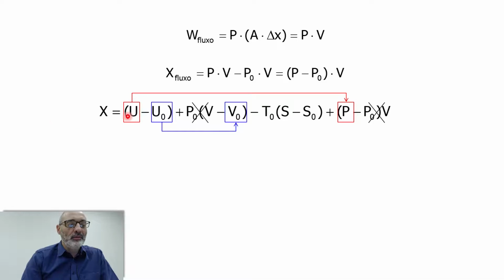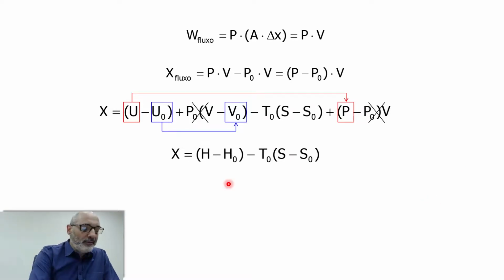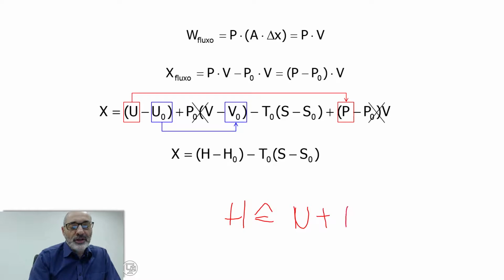If I combine U plus PV, and then U0 plus P0V, I obtain this definition. Why? I don't know if you remember, that's the definition of enthalpy, because enthalpy is by definition internal energy plus PV.